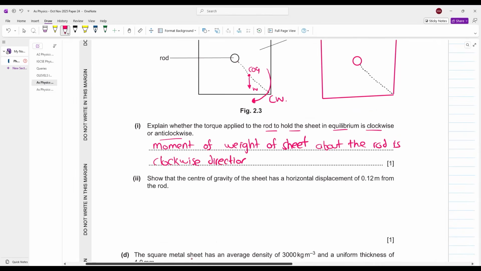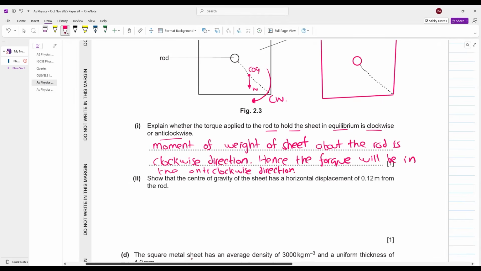Hence, the torque will be in the anti-clockwise direction. Simple. Nothing complicated here. आगे बढ़ते हैं.